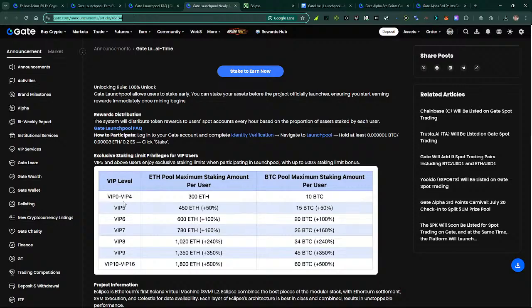For Ethereum, it increases by 50%, so it will be 450 Ethereum, and on Bitcoin it increases by around 50% as well, to 15 Bitcoins. It will increase by around 100% from VIP 6, 240% from VIP 8, and 350% at VIP 9.